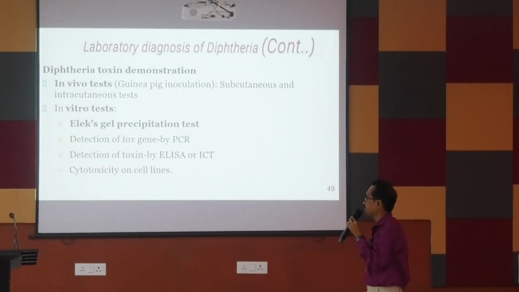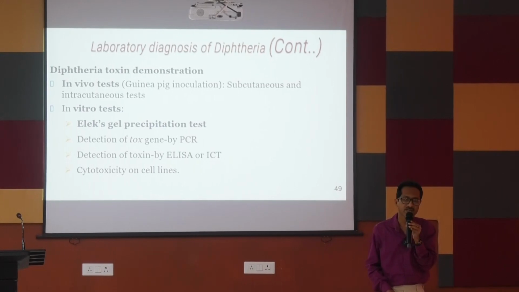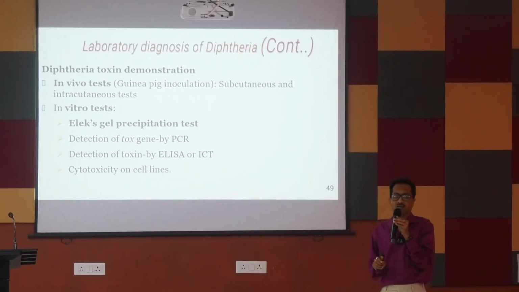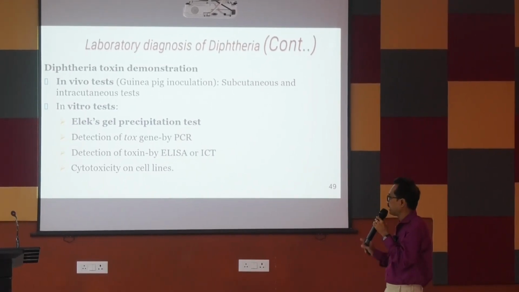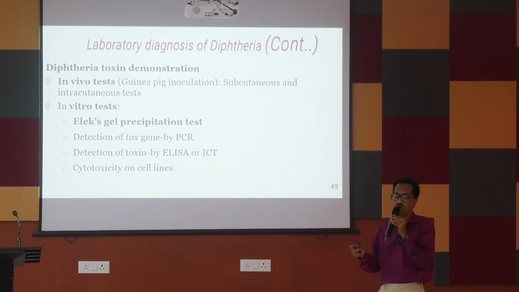What are the other methods of detection? By PCR, polymerase chain reaction, you can detect the tox gene. The toxin can be detected by ELISA or immunochromatographic test. Any serological test, either an immunochromatographic test or ELISA, can detect the toxin, and cytotoxicity on cell lines.